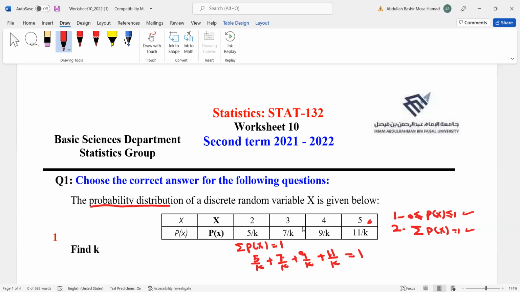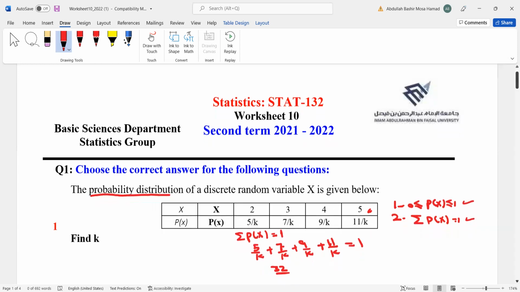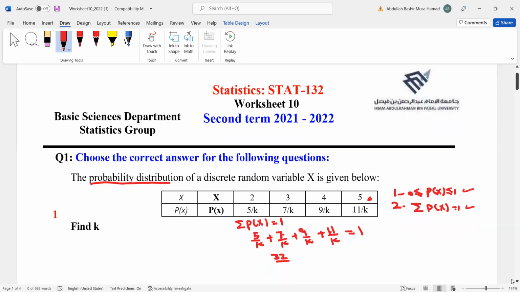This means 32 over k equals 1, so k equals 32.